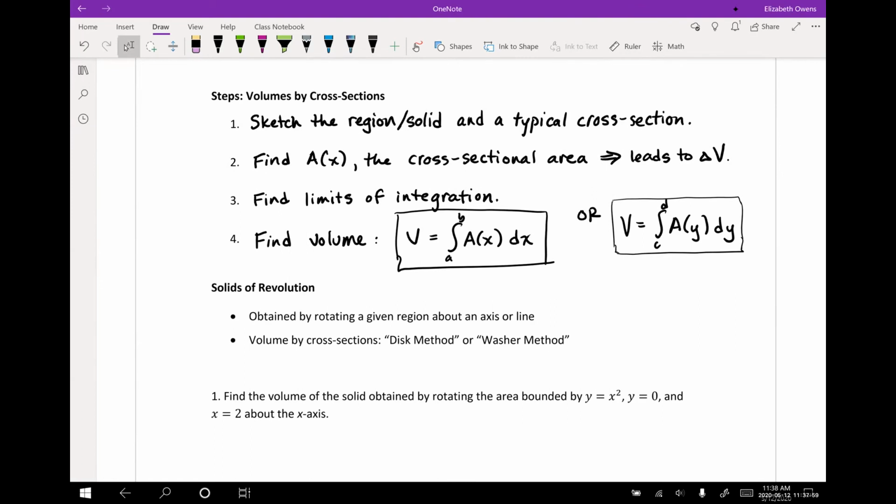So we're going to look at the types of solids that we're going to be focusing on here. Because there are a lot of different solids that you can use this process on. You can use this volumes by cross sections to do the volume of things with square bases, triangular bases, all sorts of good things.